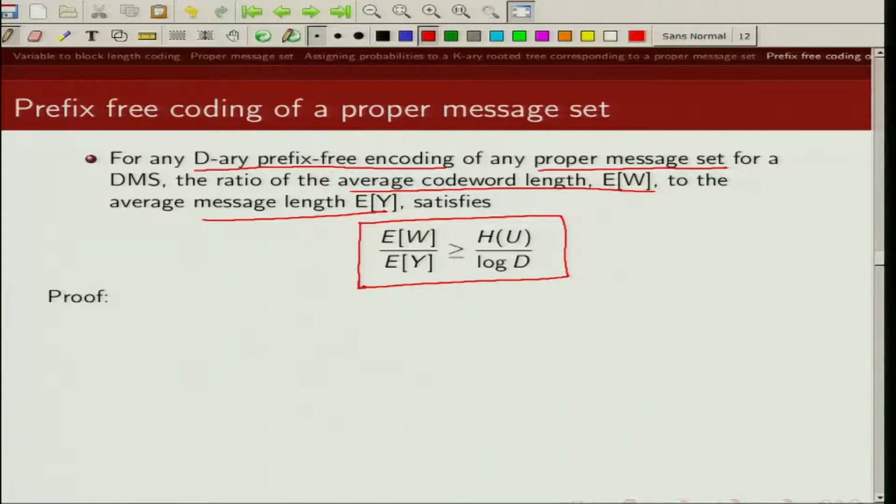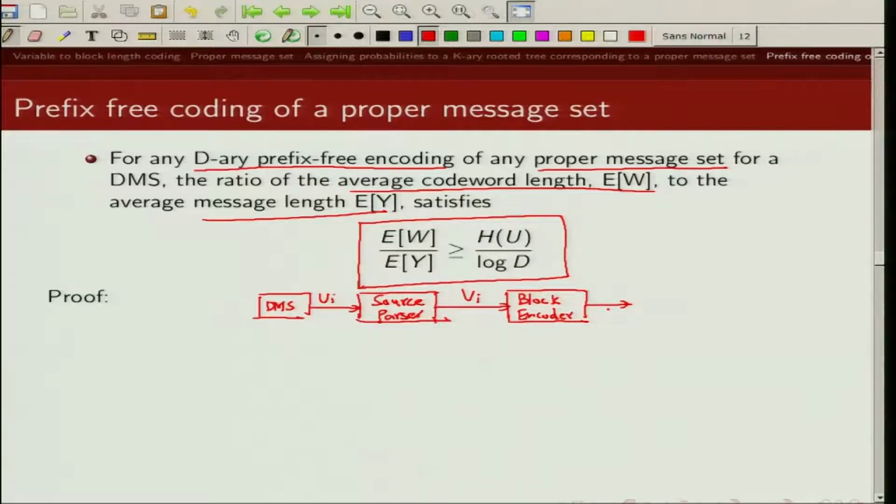Again, let me clarify the scheme that we are looking at. We have a discrete memoryless source which is spitting out these Ui's. I am using a source parser, a proper message set, let's say, to parse my sequence. I get my Vi's here. Now this is passed through, let's say, a block encoder. What the block encoder does is a one-to-one mapping of these Vi's to a fixed block length code.